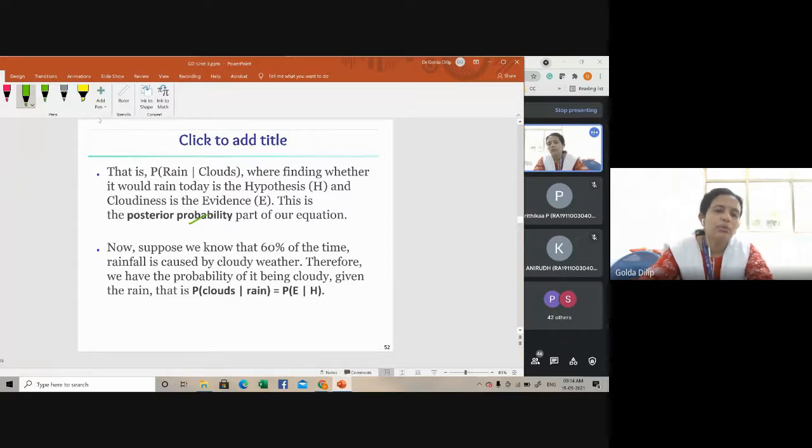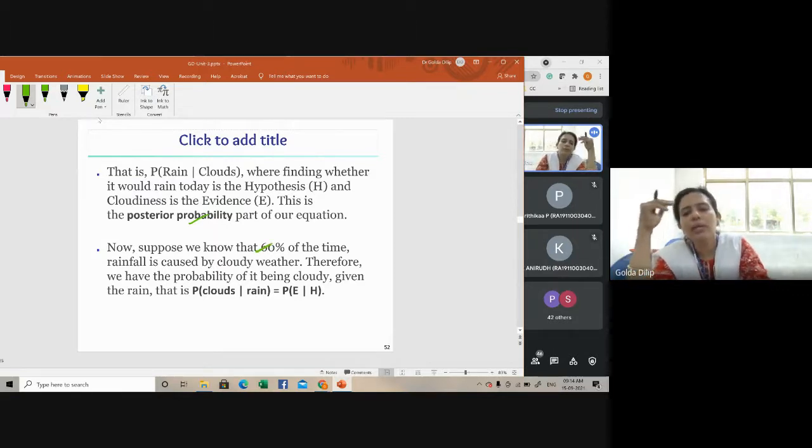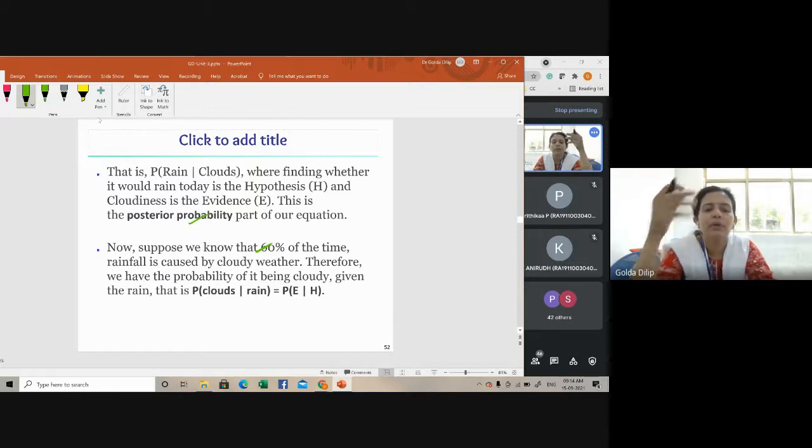Now we are getting some more data. Suppose we know that 60% of the time rainfall is caused by cloudy weather. Therefore we have the probability of it being cloudy given the rain. That is P of cloud given rain, which is equal to the probability of evidence given hypothesis.